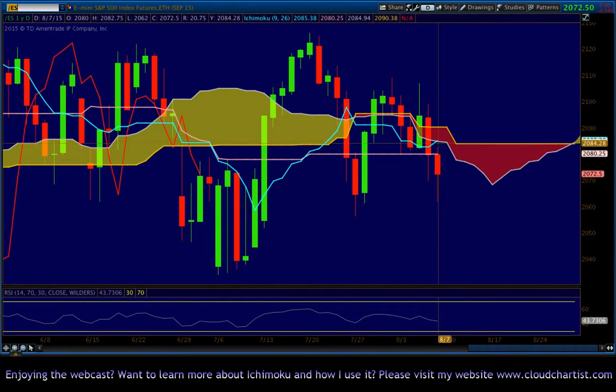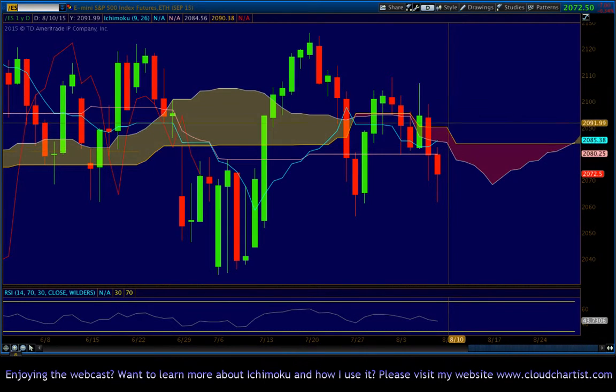When the new candle opens, we'll also have resistance at the cloud, which will not open in a different place, because this part of the cloud is already drawn and it's not changing. So the cloud is at 2085, and then the top of the cloud is at approximately 2090.25.